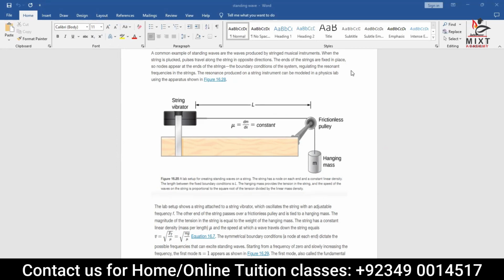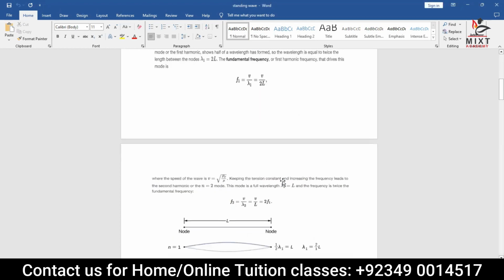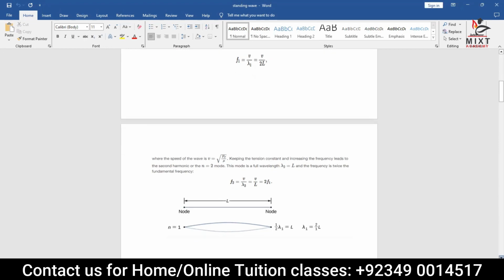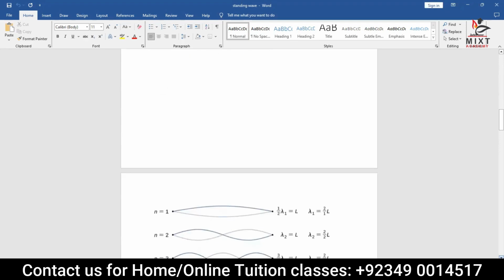This is the frequency, the general frequency when there is one loop. Can you see that? Now this is for n is equal to 1. For n equal to 2, it will be half of the lambda, or in other words, 2L upon 1.